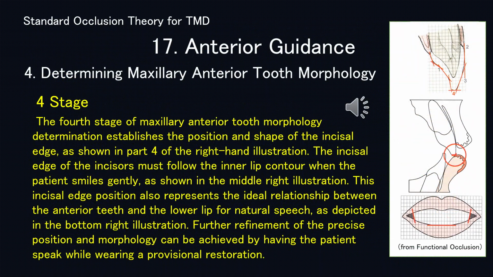Fourth stage. The fourth stage of maxillary anterior tooth morphology determination establishes the position and shape of the incisal edge, as shown in part 4 of the right-hand illustration. The incisal edge of the incisors must follow the inner lip contour when the patient smiles gently, as shown in the middle right illustration.